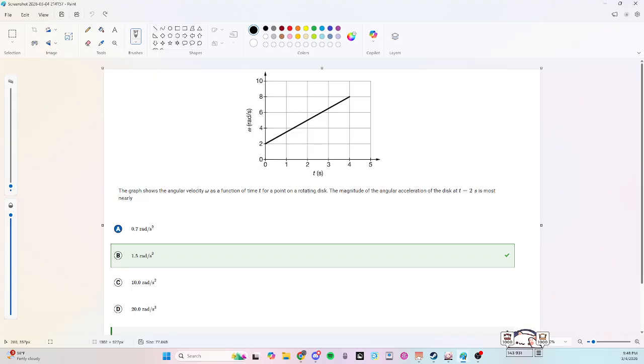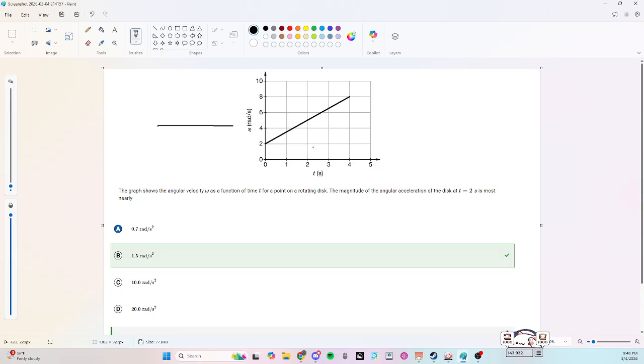This graph shows angular velocity as a function of time. For a point on a rotating disk, the magnitude of the angular acceleration of the disk at t equals 2 is most nearly... Since they give us angular velocity and t here, we can just find the slope at 2 by doing y2 minus y1 over x2 minus x1.